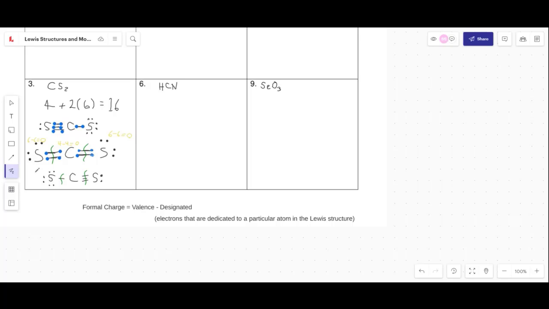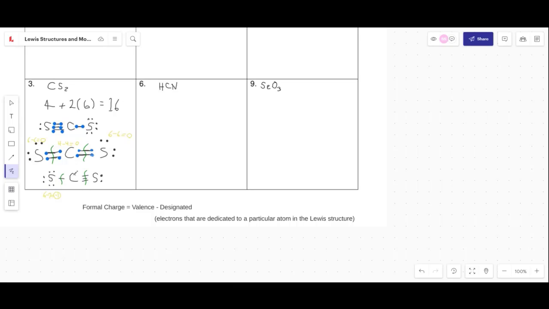This sulfur on the left has 6 valence electrons normally, but how many electrons does it have designated to it in this Lewis structure? 7. So this one's 6 minus 7, which means this formal charge is -1. It has more electrons around it than it would normally have if it was by itself.